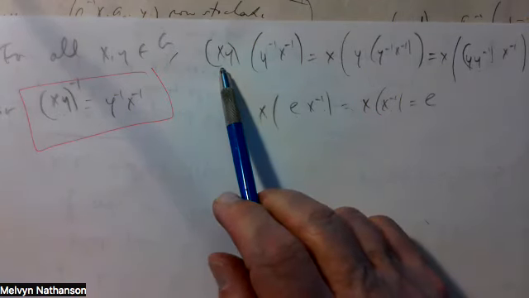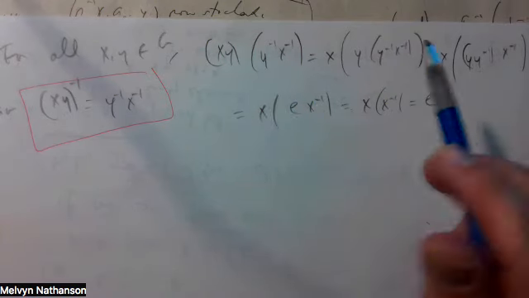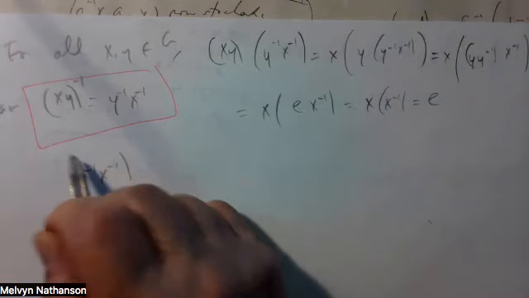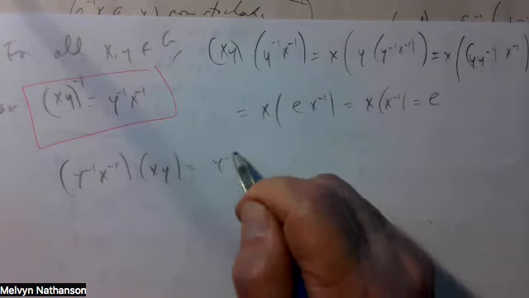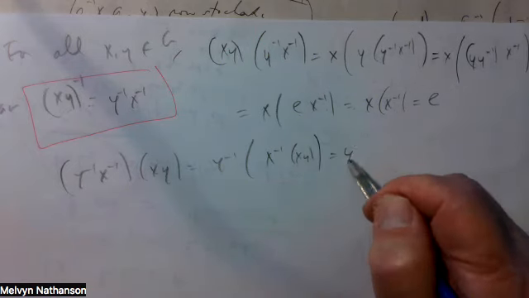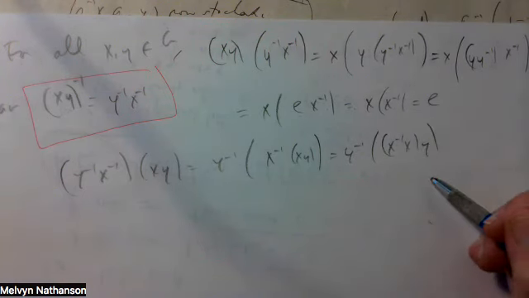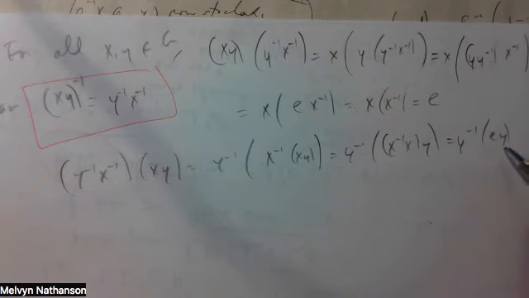That proves if you take xy and you multiply it on the right by y inverse x inverse, you get the identity. And exactly the same argument would hold if you took y inverse x inverse and multiplied it by xy. This would be y inverse times x inverse times xy, which is y inverse times x inverse x times y, which is y inverse times ey, the identity, which is y inverse y, which is the identity.